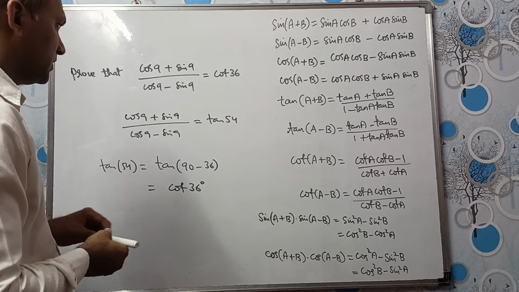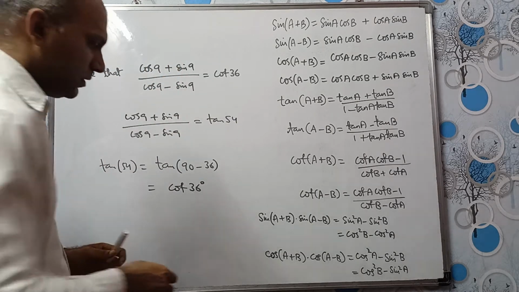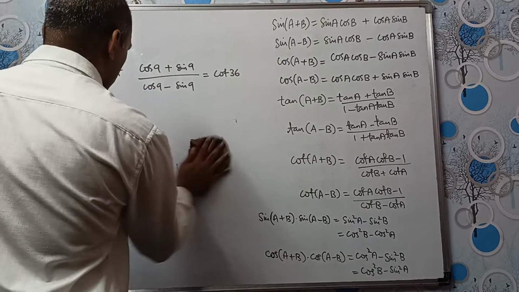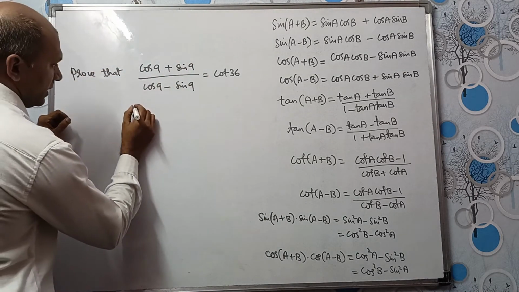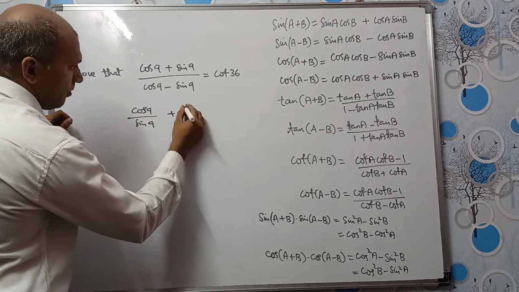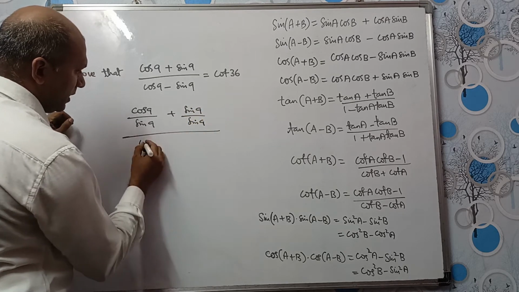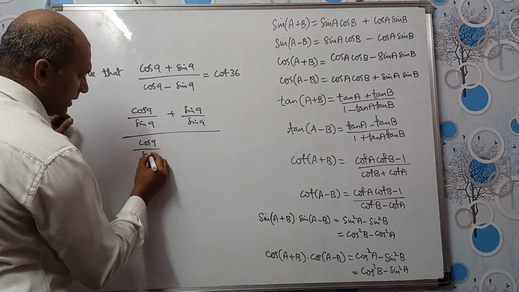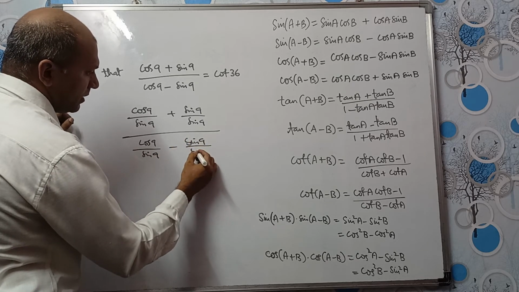Alright. We could have divided numerator and denominator by sin 9 also. Let us see. If we divide by sin 9, cos by sin plus sin by sin, divided by cos by sin minus sin by sin.